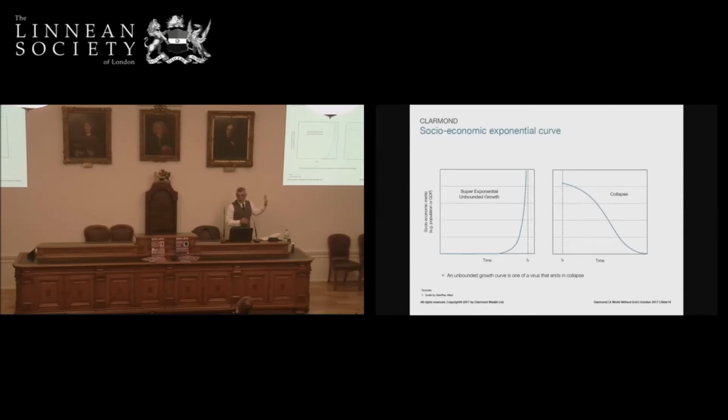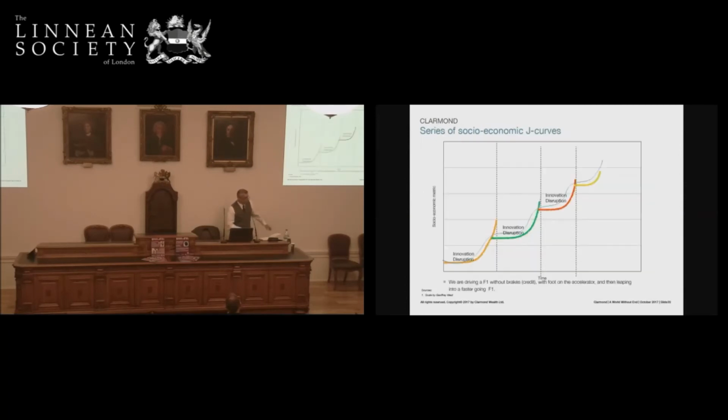Malthus was wrong because he did not appreciate innovation or disruption in this viewpoint. So each time we have a J curve, which is what we've been having, I've color-coded them just for simplicity's sake. Each one is an energy system, and each J curve, as it comes up, you'll notice they get closer and closer.